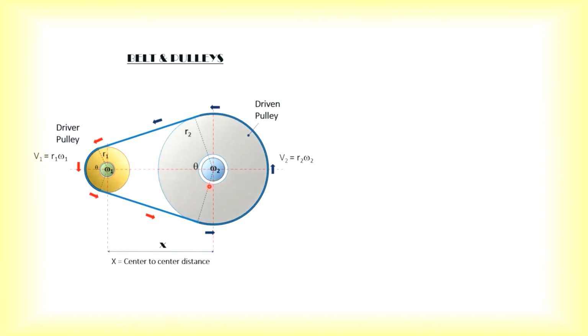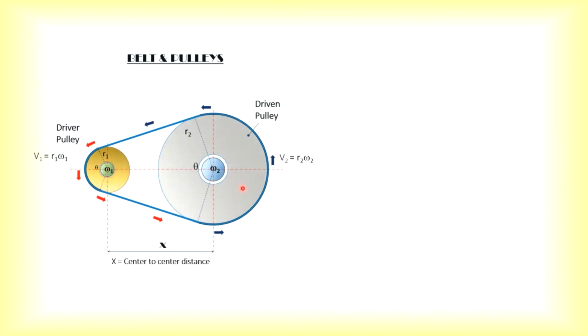The smaller pulley has a radius of R1 and will be running at a speed of omega 1, while the larger pulley, the driven pulley, has a radius of R2 and a speed of omega 2.